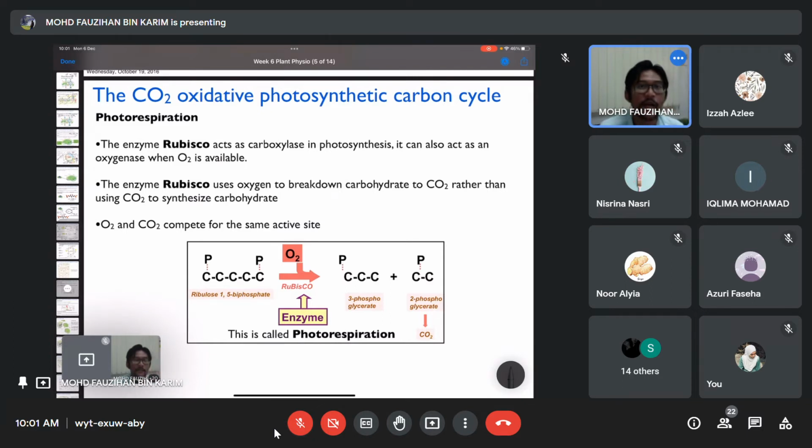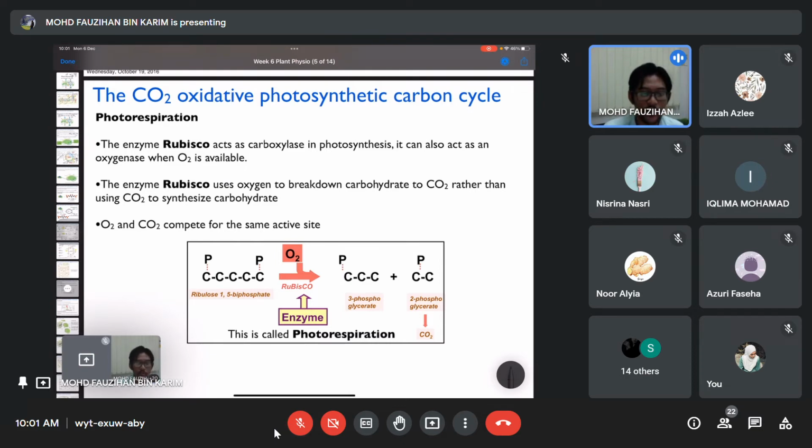I learned Calvin cycle during my foundation in matriculation and was very stressed. I think the teacher dia tak tahu the principle of apa yang dia ajar. So bila dia ajar, dia just go for the notes lah. Alright.